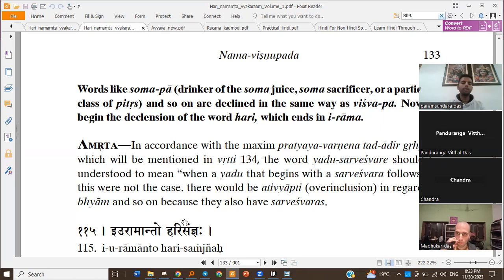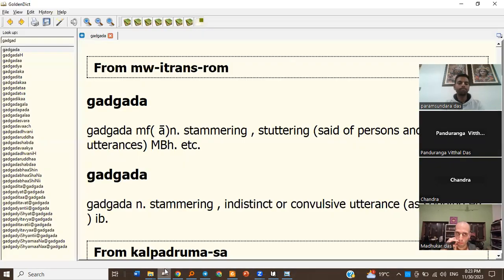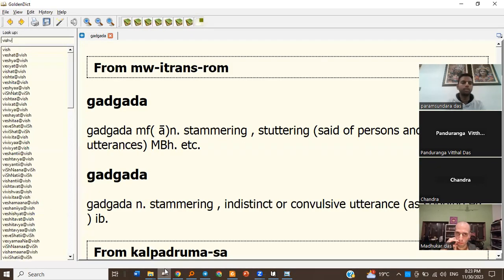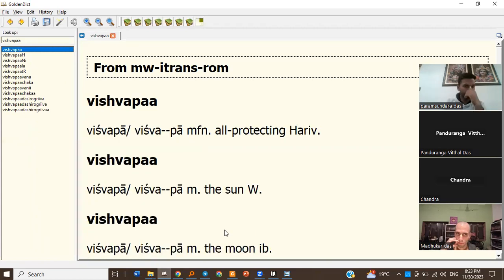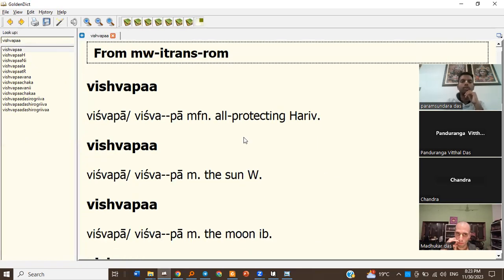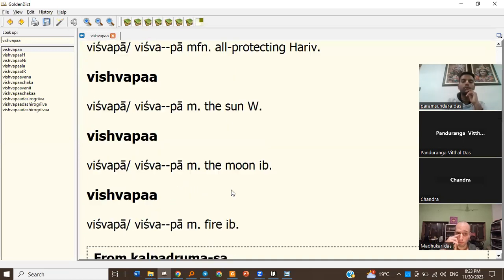So we need to check dictionaries, like the one I use here. If you check here for Vishwapa, Vishwapa could be in any of the three genders when it means all protecting. But when it refers to sun, moon, fire, then it's only in masculine.